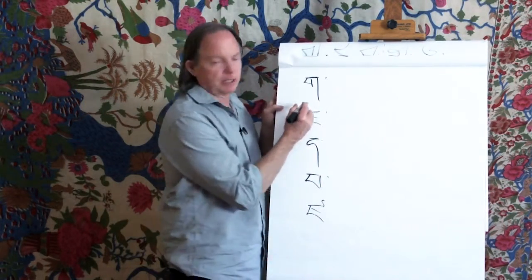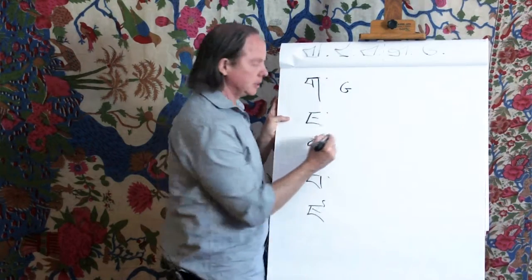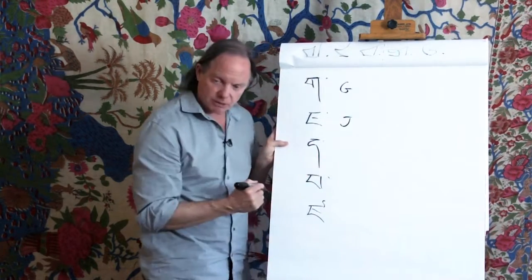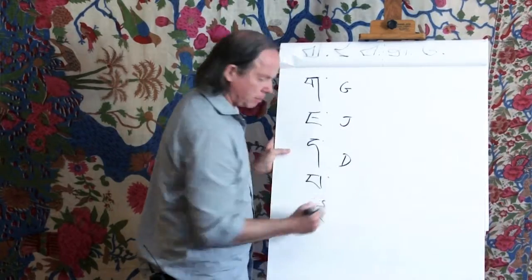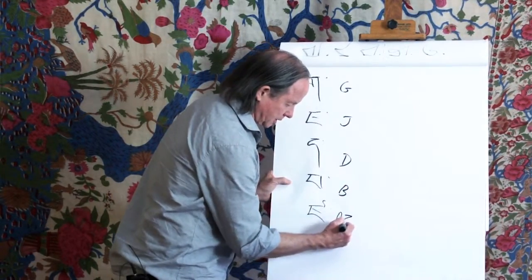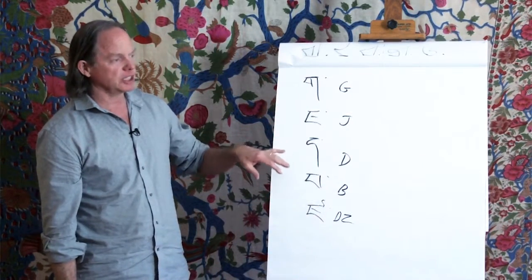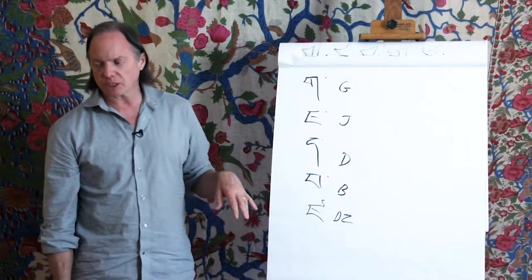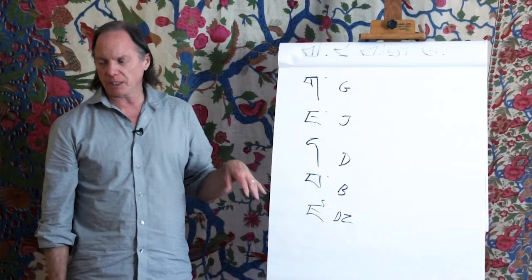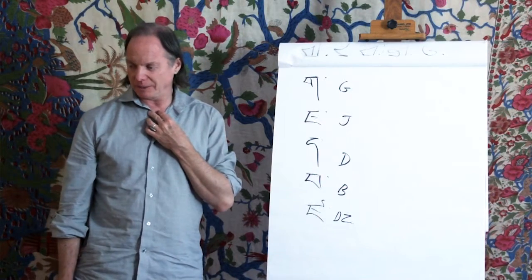So, ka becomes a real G. Ja becomes a real ja. Ta becomes a real D. Pa becomes a real B. And this is za, okay? So think of it that way. The change is not in tone. The tone doesn't change. The amount of voicedness changes. It goes from eyebrows to no eyebrows, okay?